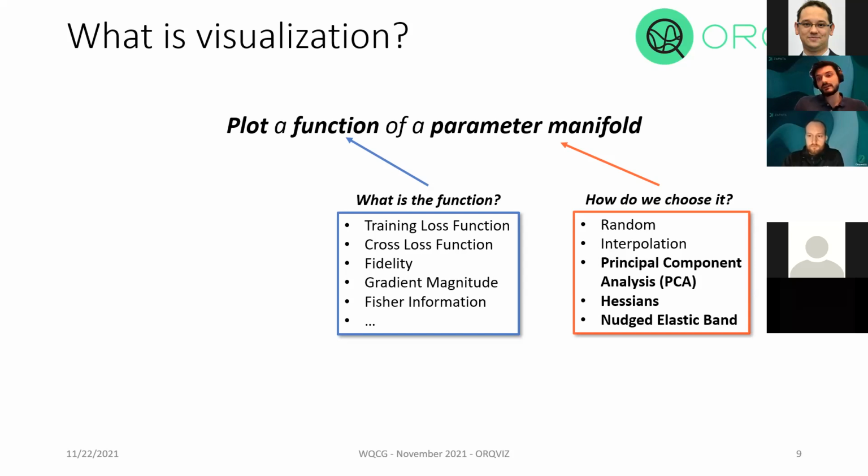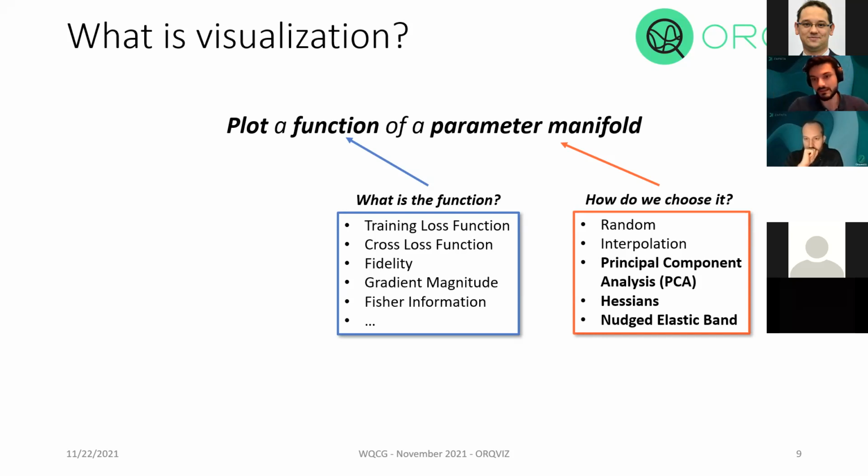And most specifically, we provide three main algorithms, let's say, that extract meaningful parameter manifolds given the function that you want to scan, or given a collection of parameter vectors.